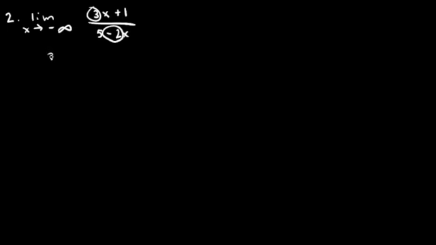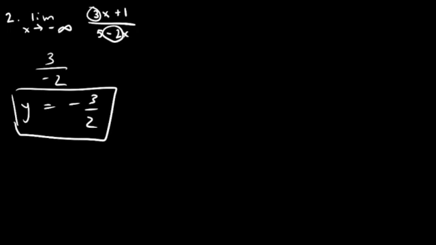And so our answer would be 3 over negative 2, or y is equal to negative 3 over 2 would be our final answer for the horizontal asymptote. Right? Very straightforward. When the degrees are equal, you just find the two numbers in front of x and you set them over each other.